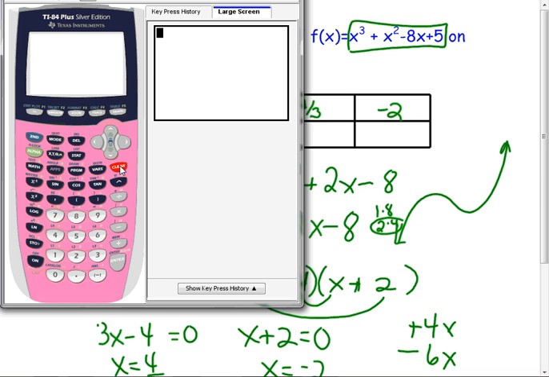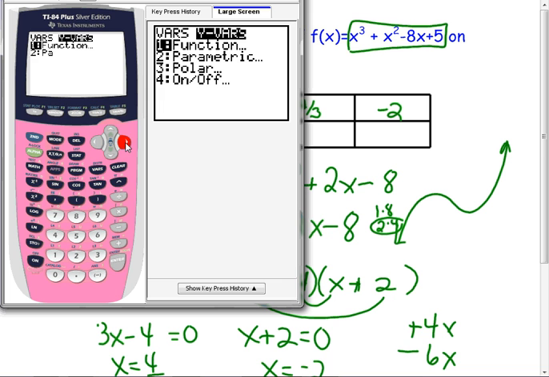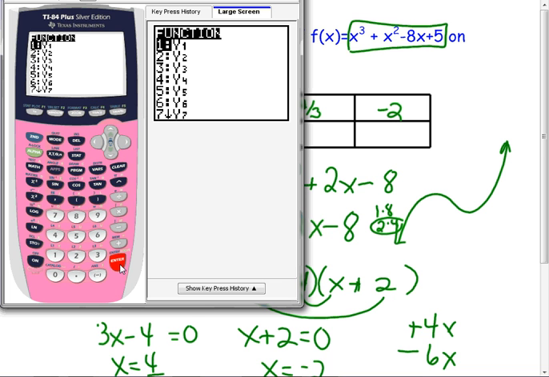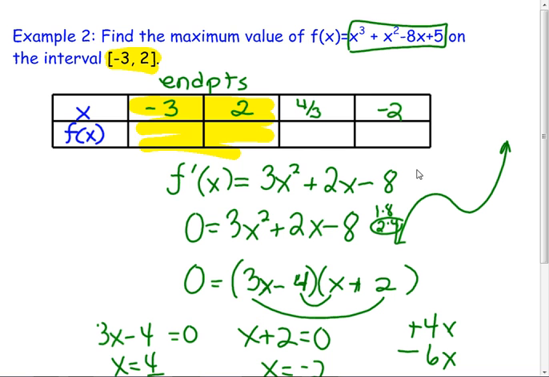So I'm going to do vars, because you don't have the new operating system. But I only have to do this once. I want y1 of negative 2. Let's do that one so I can see it. Negative 2. Enter. So that's 17. Whoops. There are my other values.